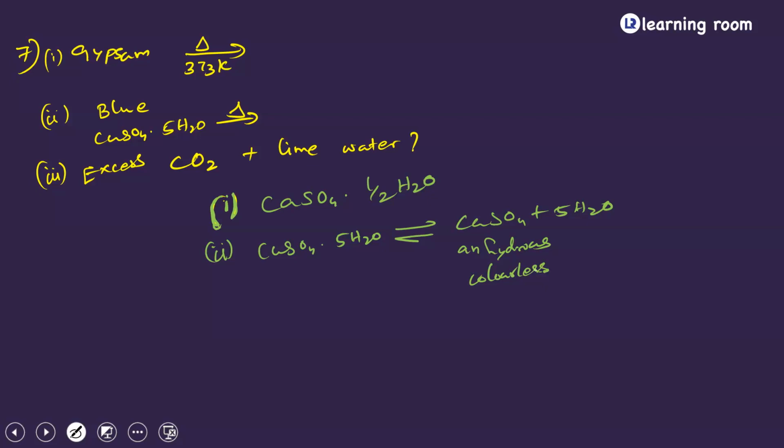So it absorbs the water molecule and becomes blue. Another reversible symbol. And third one. What about third? What is lime water? What is slaked lime and what is lime water?